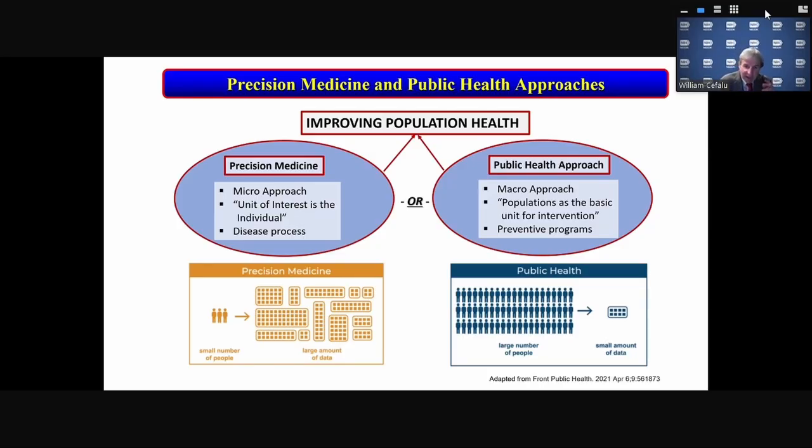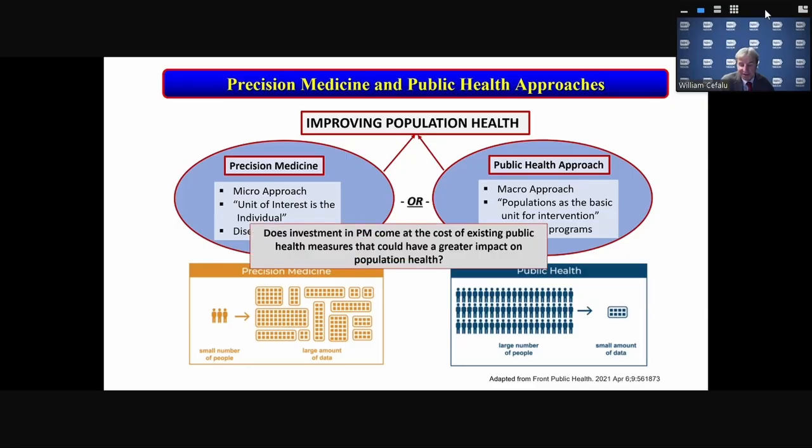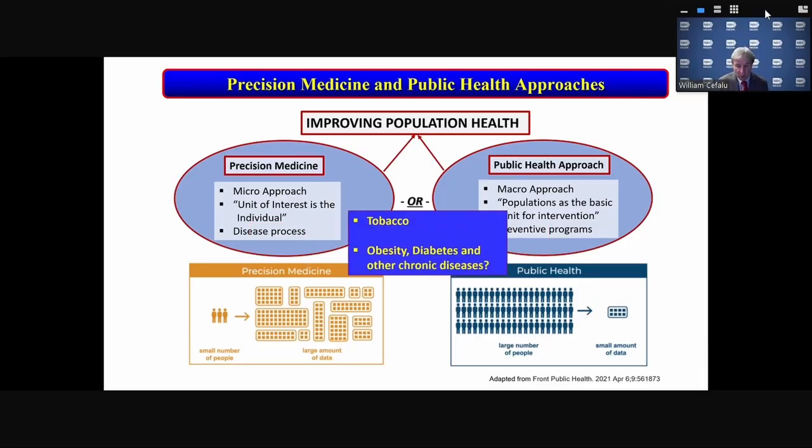Now, in the past, we would say, well, it's either one or the other. But the question that has been asked is, does investment in precision medicine come at the cost of existing public health measures that could have a greater impact on public health? And I'll give you one example. Let's talk about tobacco. We know we have patches and we know we have medications that will address the cravings.